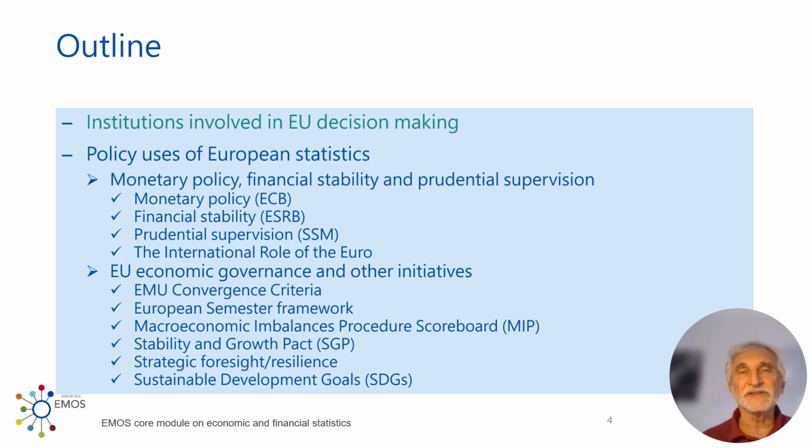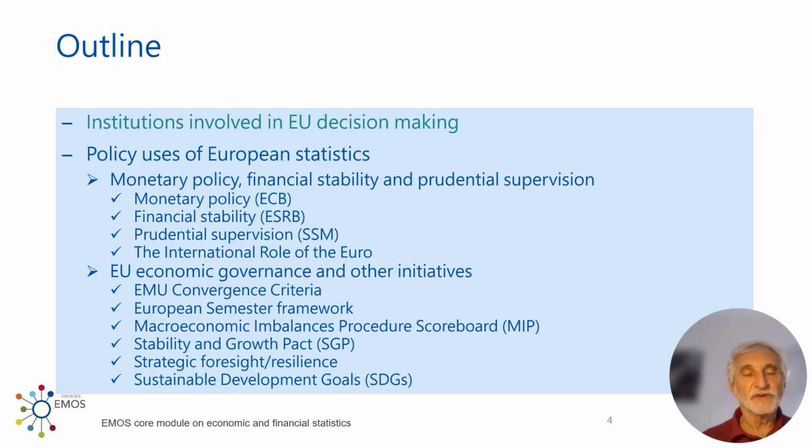So basically the tasks of the European Central Bank and the European System of Central Banks, or the Eurosystem, and show how their policy making uses statistics both for monetary policy, for financial stability policy, for prudential supervisory policy, but also in the context of the international role of the euro.